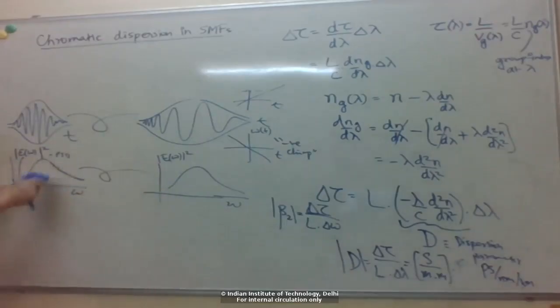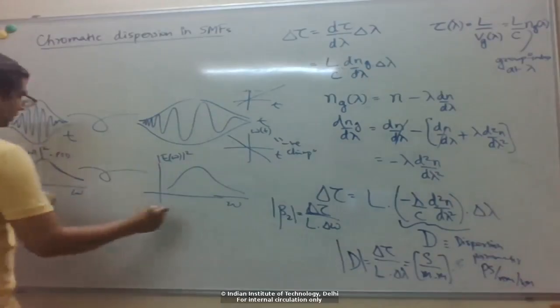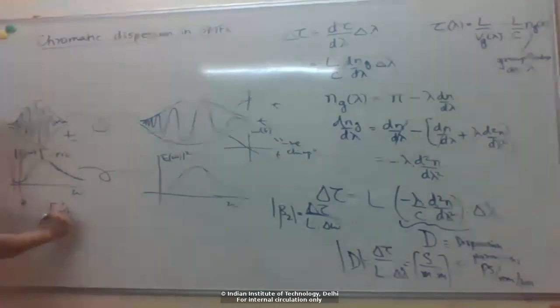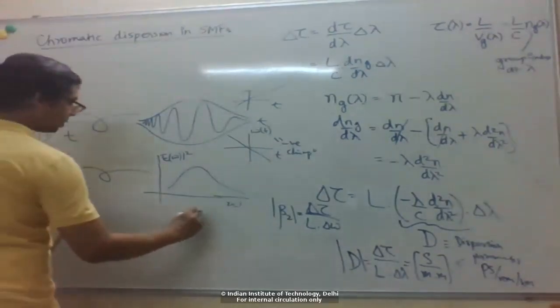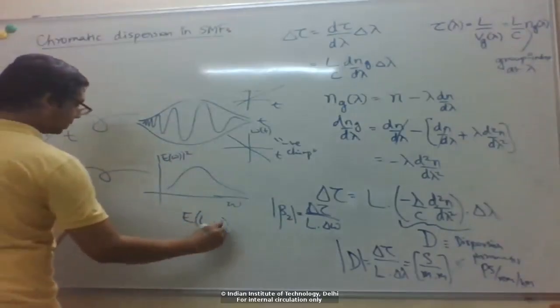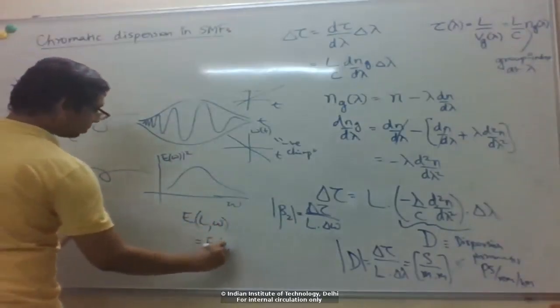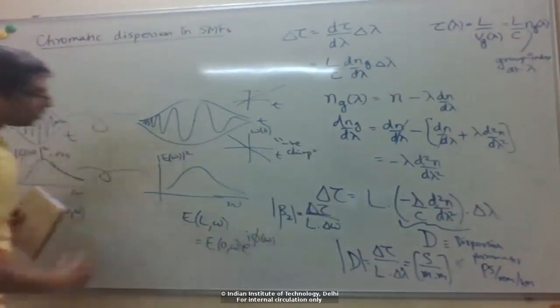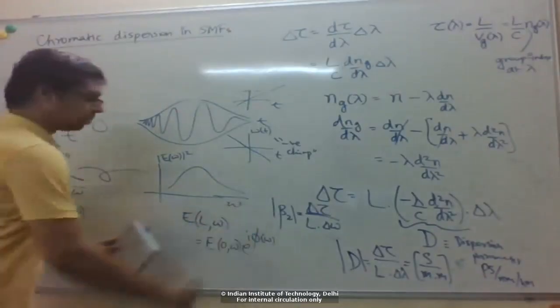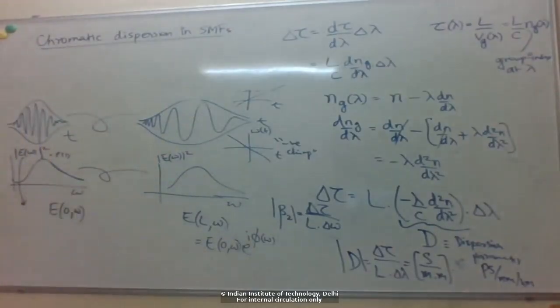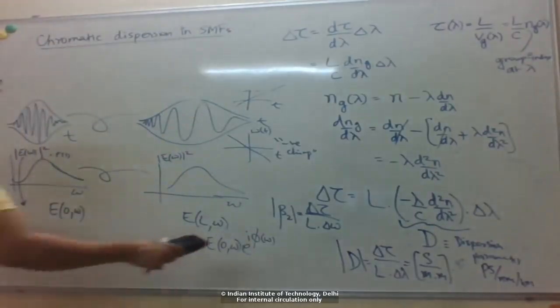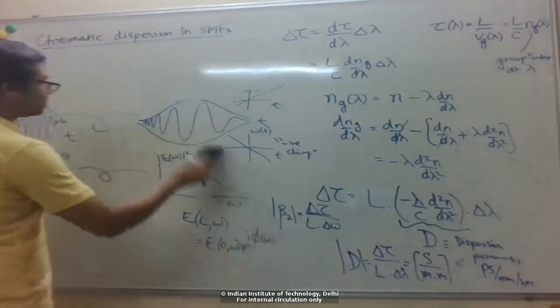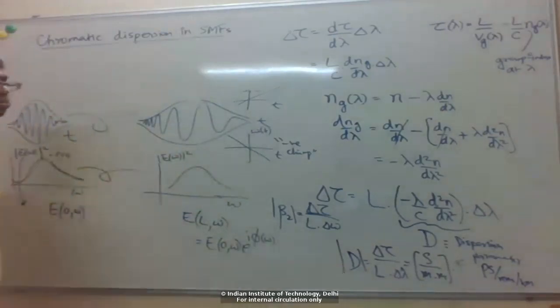And the only way that can happen is if you have a phase factor, right? So if you have some E0 of omega here, after a length of propagation, the frequency components get multiplied by some phase factor, right? So that the mod remains. But this phase is now frequency dependent, which is what is leading to this chirp.